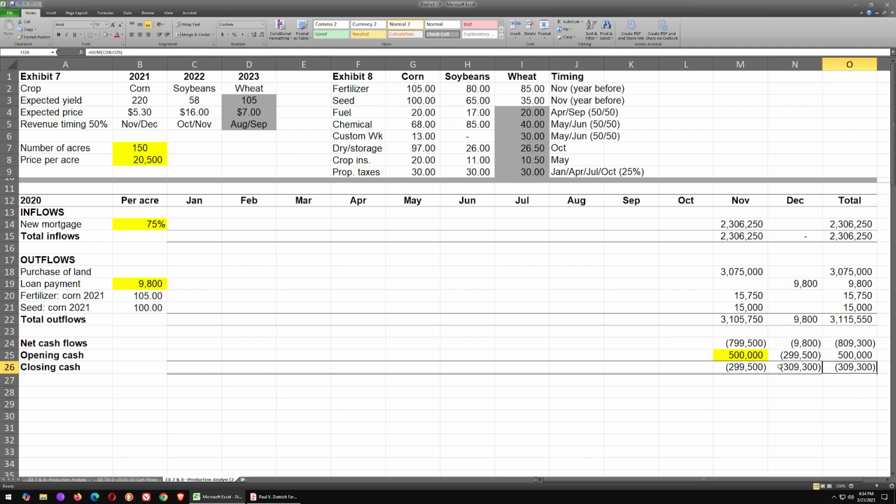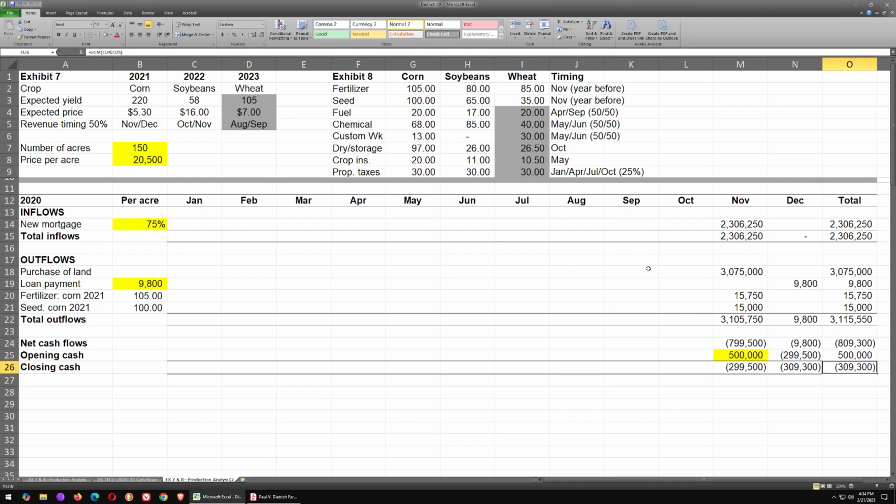So remember, the net cash flow is okay to sum up because those are all individual monthly sums. But the opening and closing cash represents a beginning and then a bunch of adjustments and an ending. And so the total column should represent the opening cash flow plus all these adjustments, which are 809, leaving us with the ending. So make sure you do that correctly.